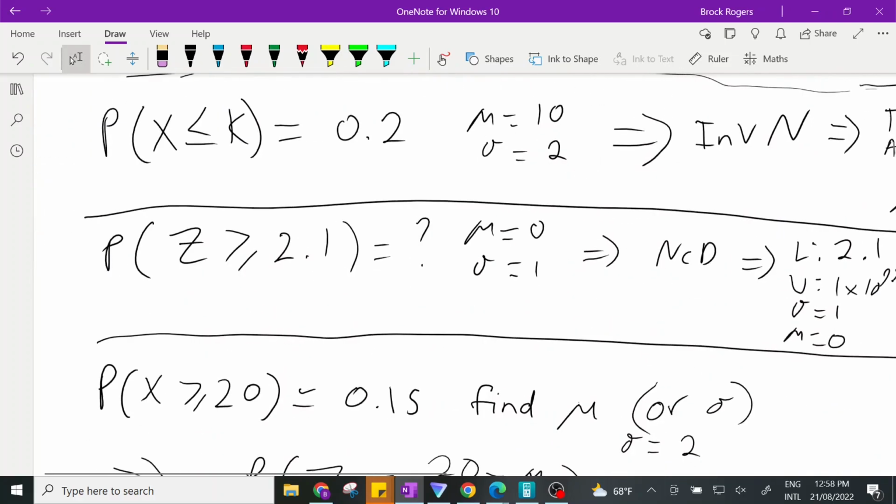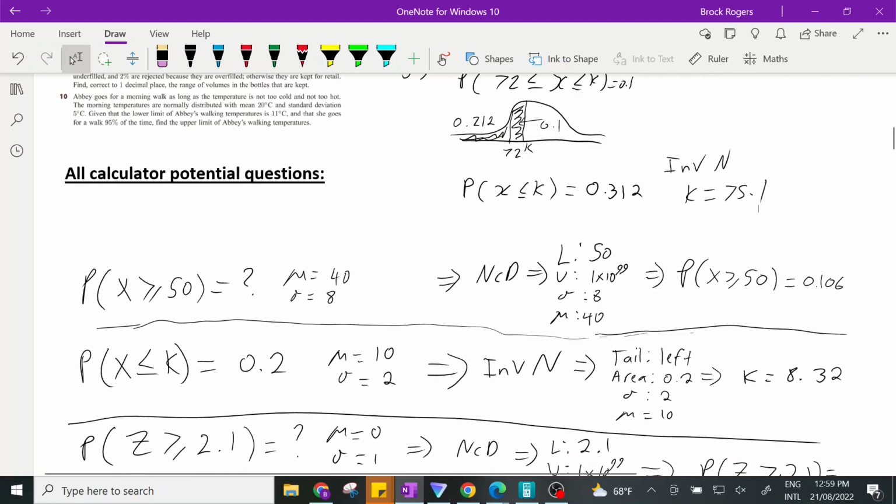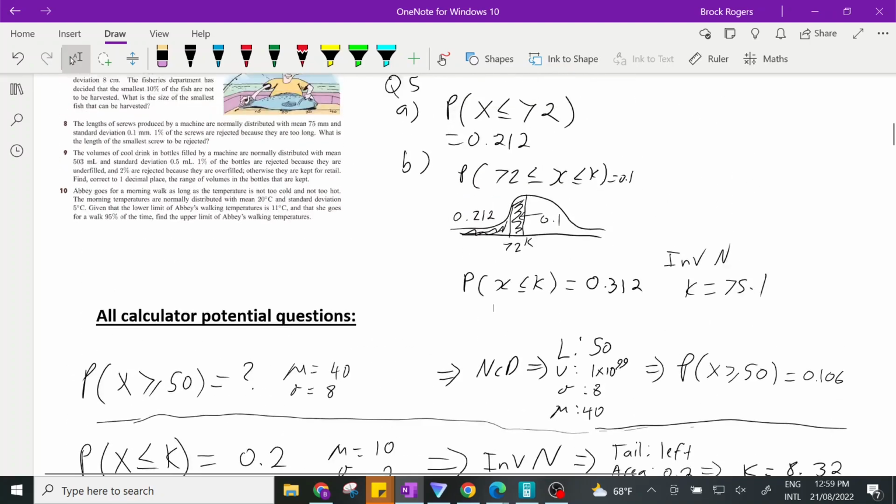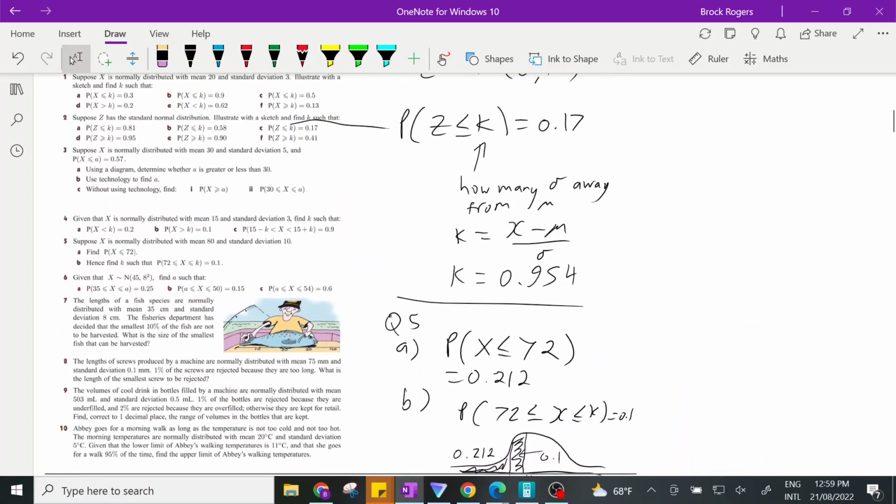All right. Okay, so this next chapter we're going to be doing something a little bit creative with the calculator. So we are going to be using the Z-score formula with the calculator. We could use the calculator to find the value of this position here with the Z-score. So that K would be here. But you could also imagine, since that K is also equal to this formula here, which basically says how far is an x value away from the mean divided by the standard deviation.